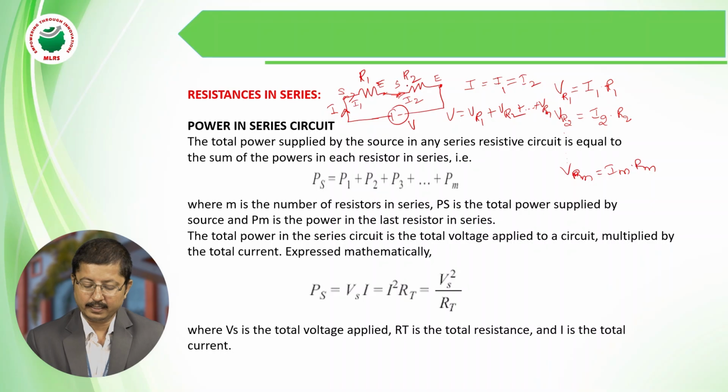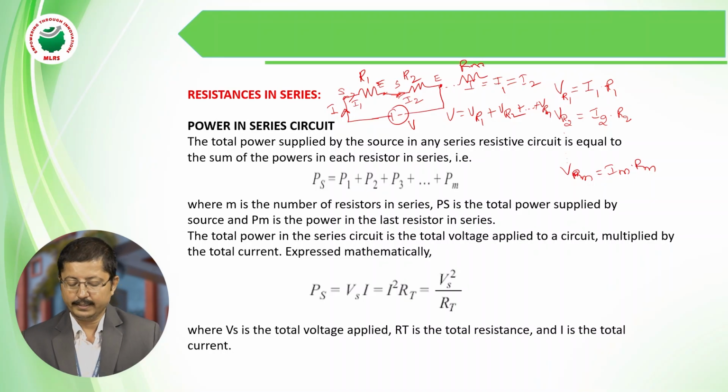If m resistances are connected here, then V is VR1 plus VR2 plus up to VRm. What is the total V? The total V is nothing but the total current into the total resistance.